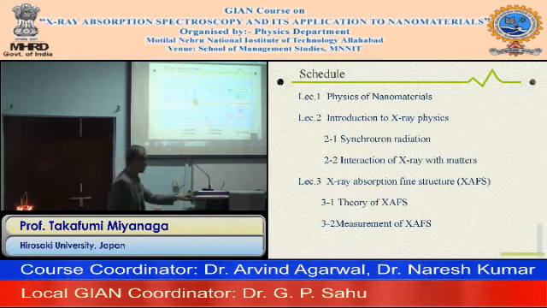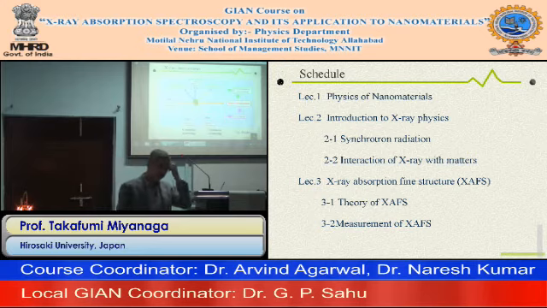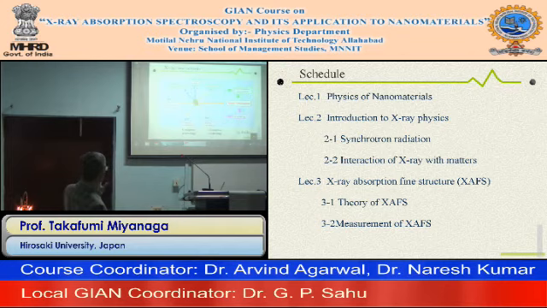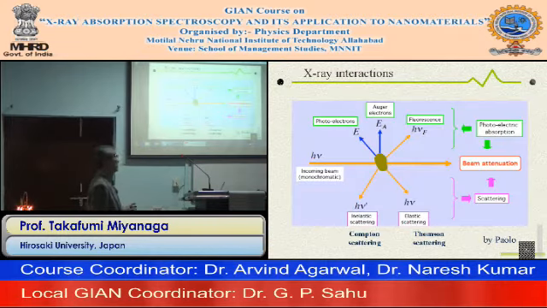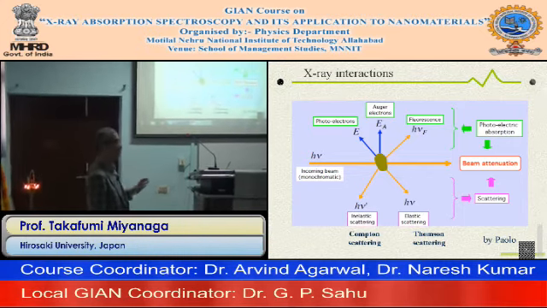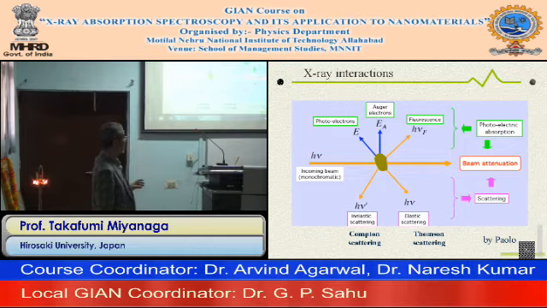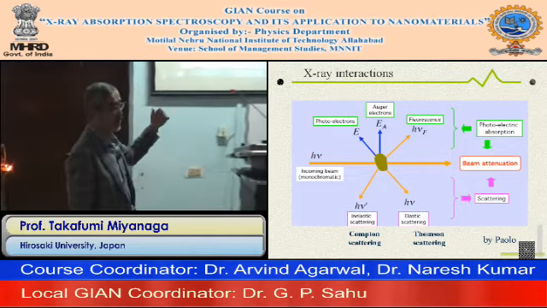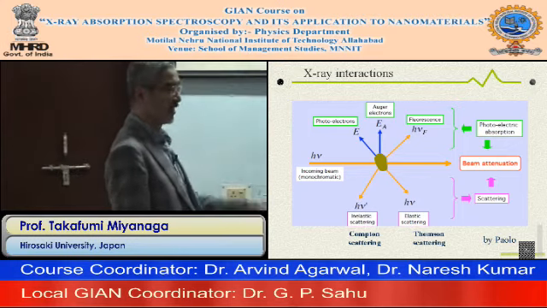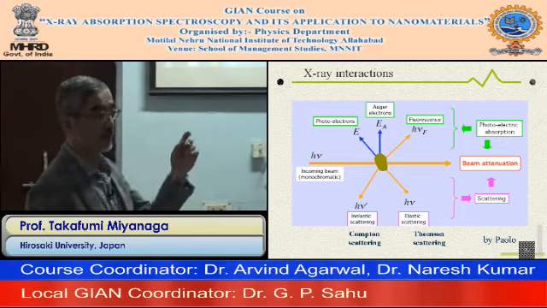For synchrotron radiation facilities, we have the second generation facilities named Photon Factory, but it's still active because of the sophisticated maintenance. And after that, we have SPring-8, with big energy, the 8 giga electron volt operation.